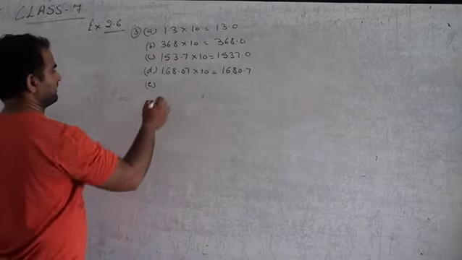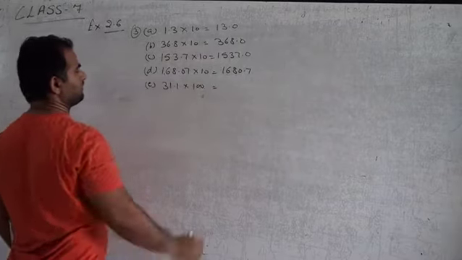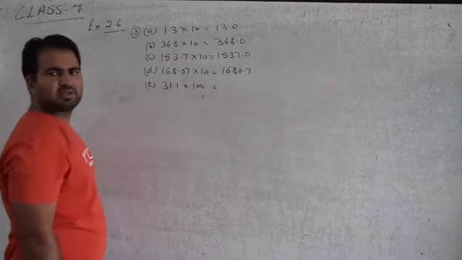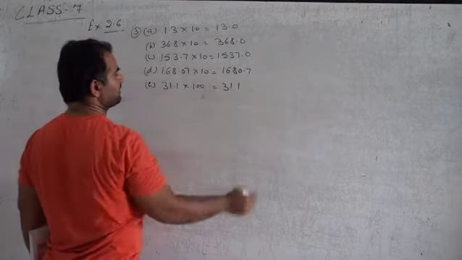E. 31.1 multiplied by 100. We have to move the decimal two places, but there isn't any digit after the 1.